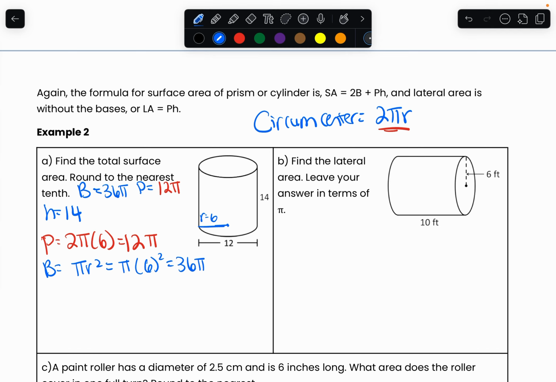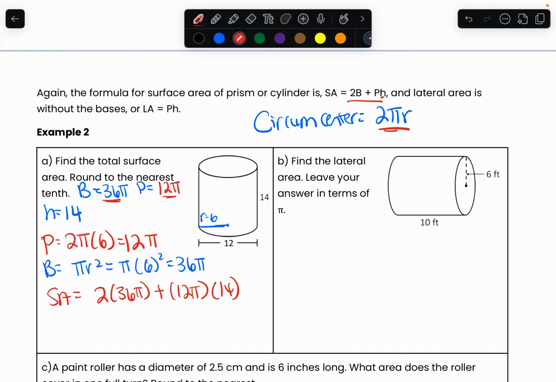Now once I have everything I need, I'm going to use my formula right here, which is surface area equals 2 times my area of my base, which is 36 pi in this case, plus my perimeter, which is 12 pi in this case, times my height, which is 14 in this case.